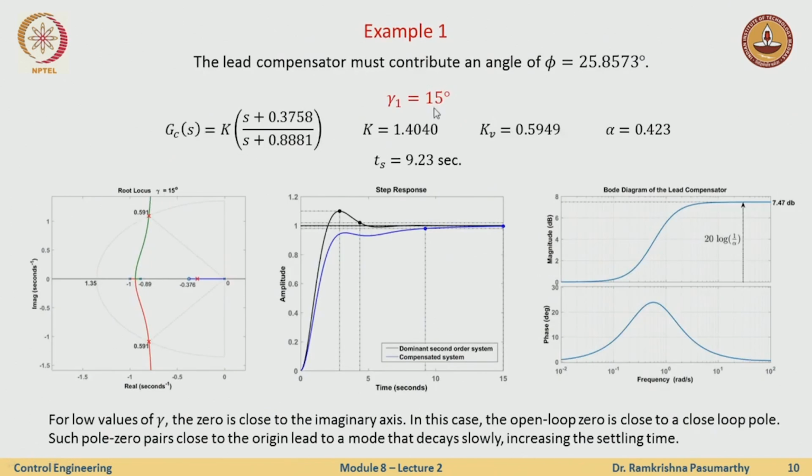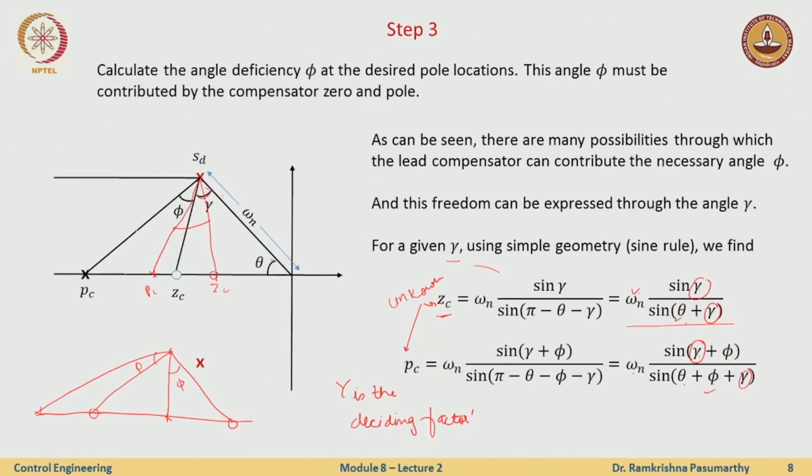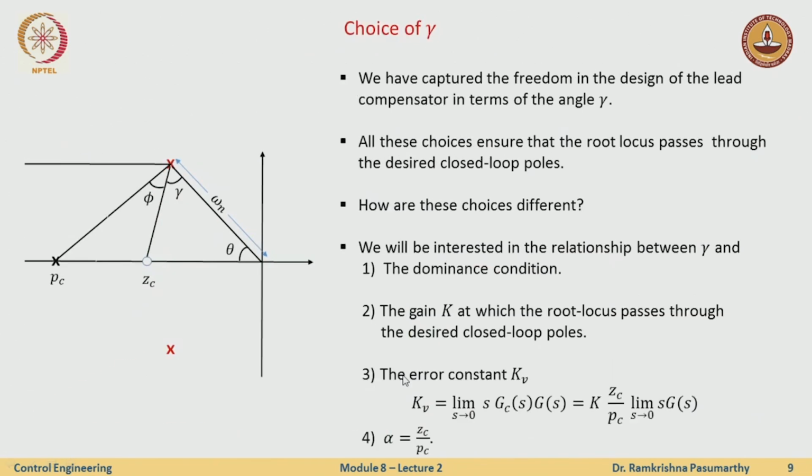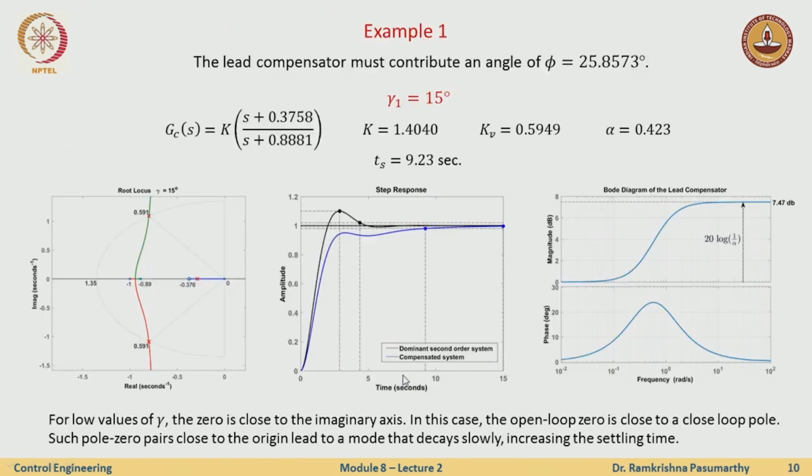Start with gamma 1 of 15. I put this in these formulas and I get appropriate locations of the zero and the pole. The pole is fairly to the left of the zero, so that condition is trivially satisfied.